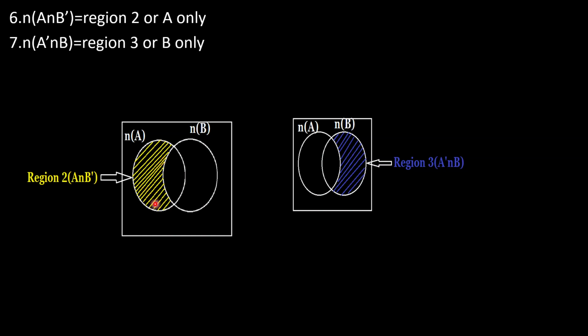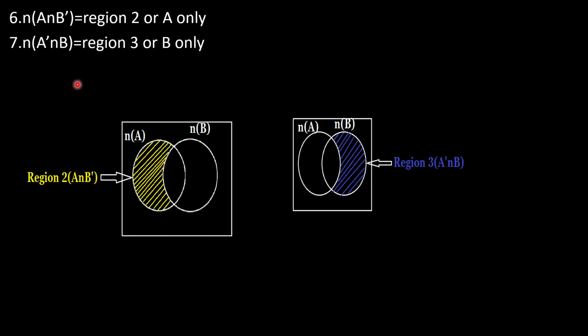So where the yellow hatching ends is region 2, or A intersection B complement, or A only. But when you sum the A only and the intersection, it will give you the number of A. So region 2 is where the yellow hatching is.